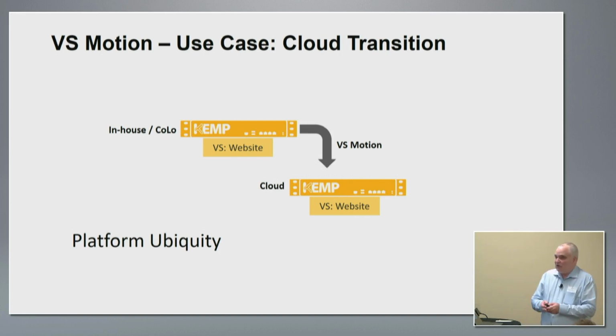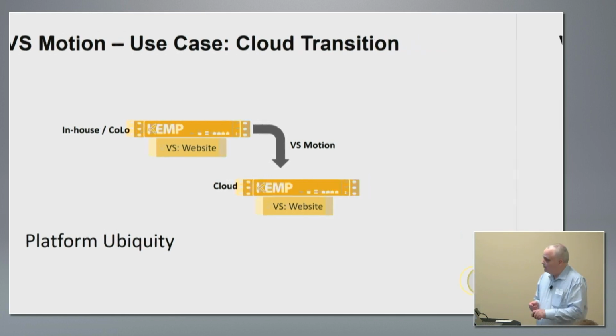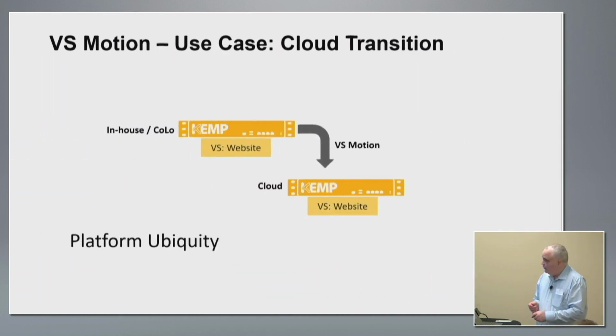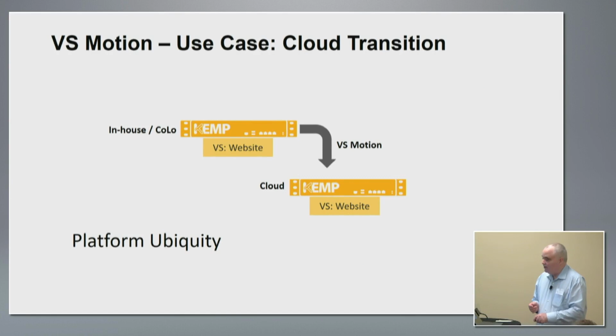So on February 12th, he wants to burst his application into the cloud to gain scale and then close that down at a later date. Rather than having to do software control and service control, he simply has VS Motion. I know this VS is working. I'm going to spin up something in the cloud, and I'm going to VS Motion down to it.